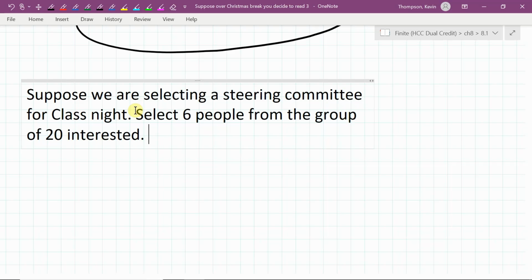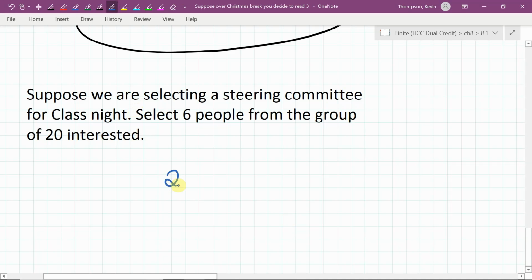The order I would say the names doesn't make any difference, right? It's still the same 6 people doing the work, so there are no positions. There's no hierarchy being set here. That would be the difference of officers, which definitely have a structure to it. This doesn't. So this should just be 20 choose 6.